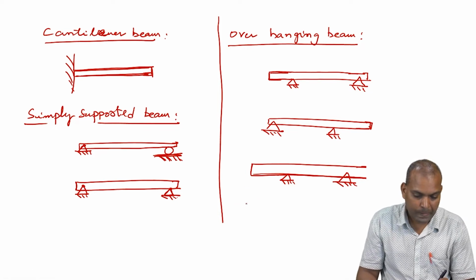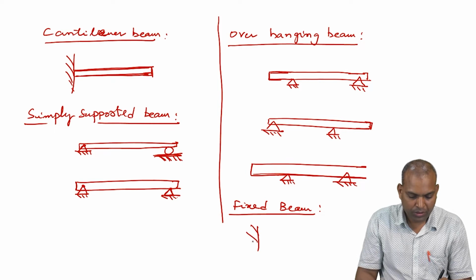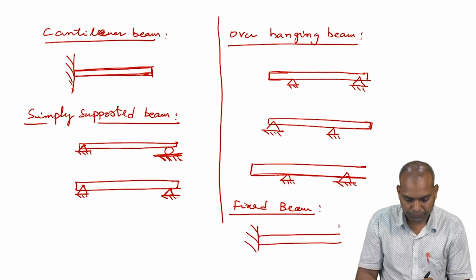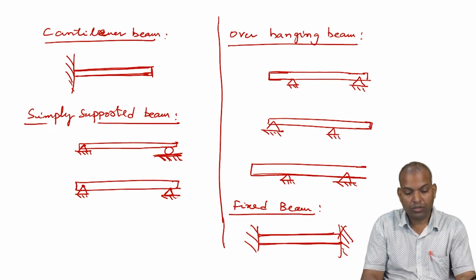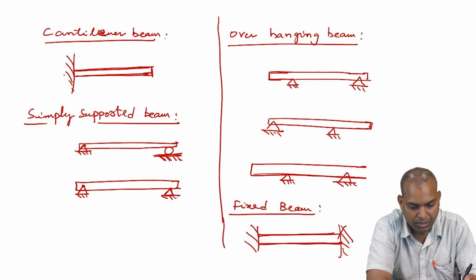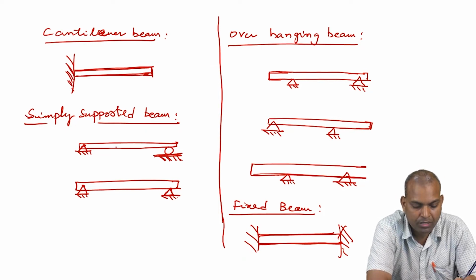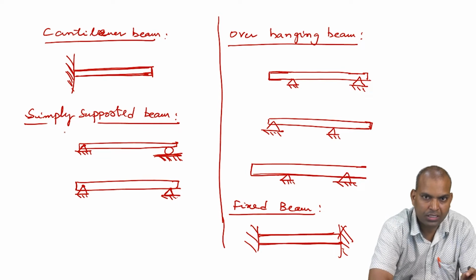Another one is the fixed beam. In a fixed beam, both the ends are fixed. In the case of the cantilever beam, there is a fixed support. In the case of the simply supported beam, hinged and roller supports are there, with no overextension. That is why it is simply supported at the ends.